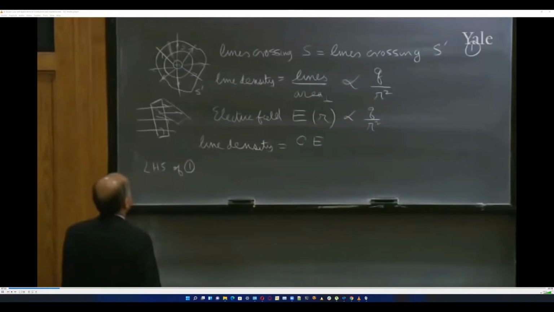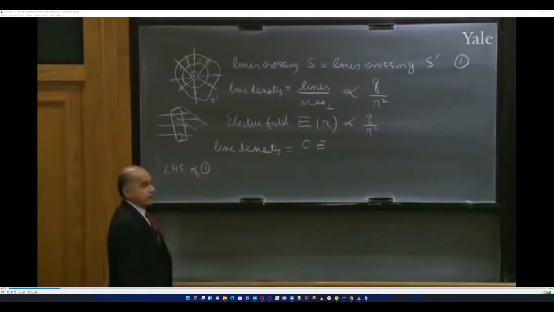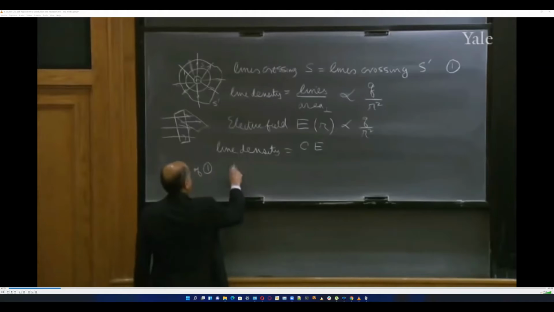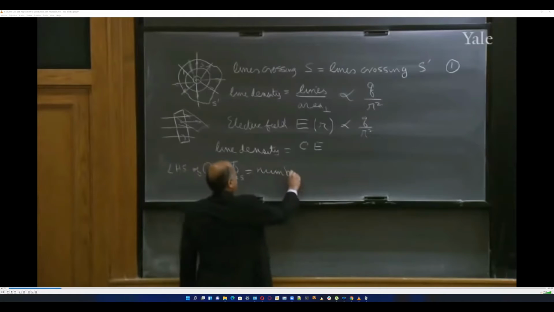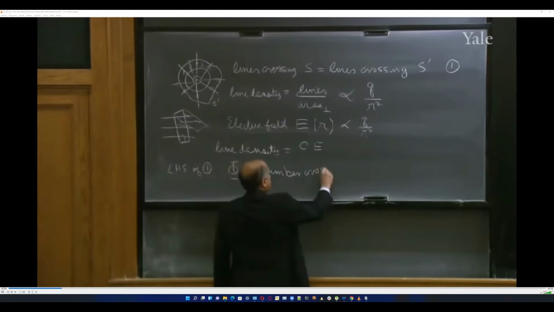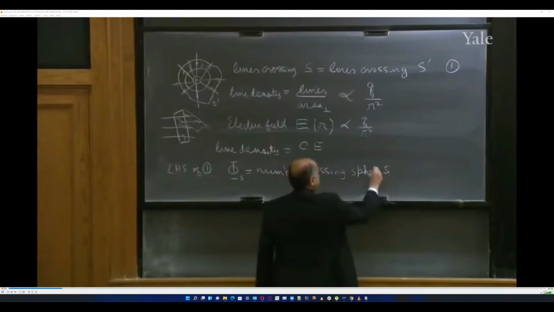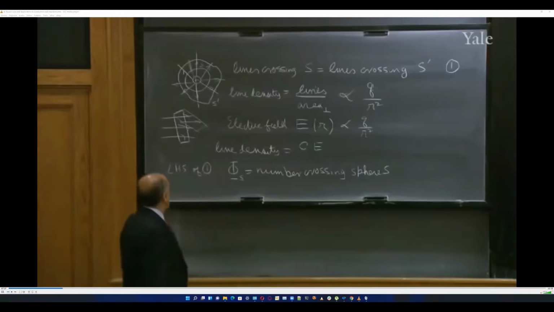Left-hand side of 1 is the number of lines crossing the sphere S. So that's going to be equal to, let me call it phi sub S, is equal to number crossing S, crossing the sphere S. Phi is a standard symbol for flux. So what is it?